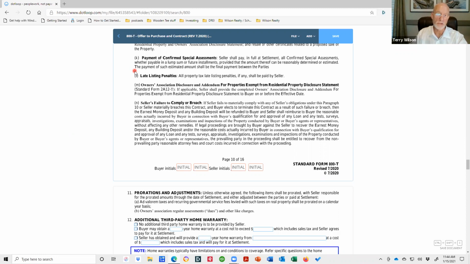Davidson doesn't realize it, and therefore you don't get listed in January as a property to be taxed by Davidson. If that happened, then when you did finally file with Davidson, say, hey, sorry, I just want to let you know that I'm in your tax jurisdiction, I owe you taxes, then they could charge you a late listing penalty for not listing the property with Davidson in a timely manner.